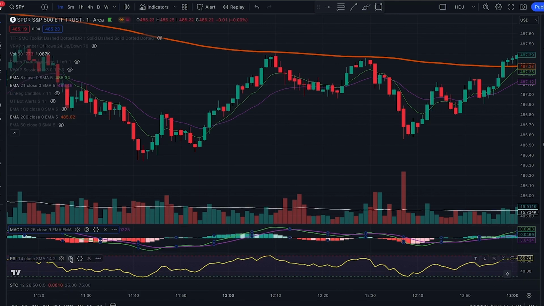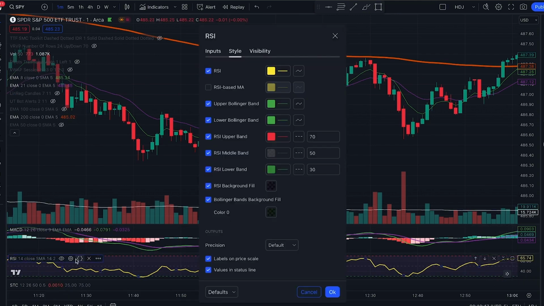RSI. Let's hit the cog. You can copy these settings. I like my RSI to be yellow. You can pretty much have this here for your settings as well. So copy this.